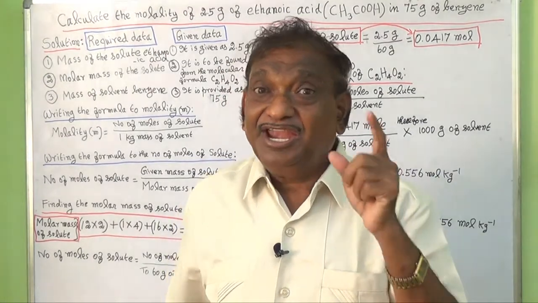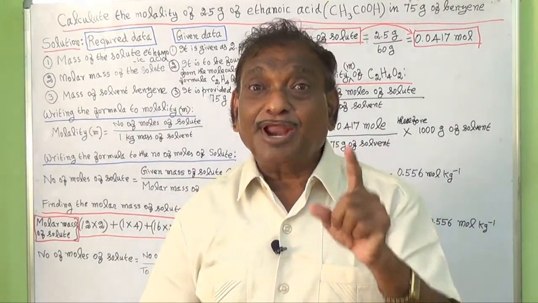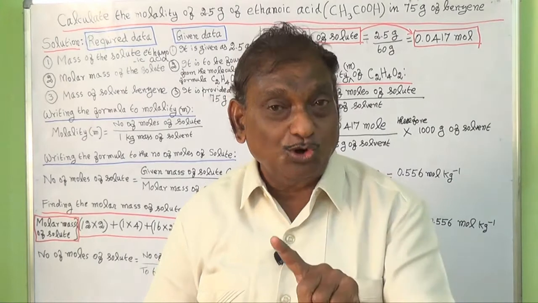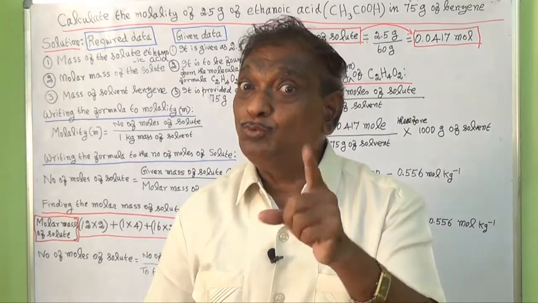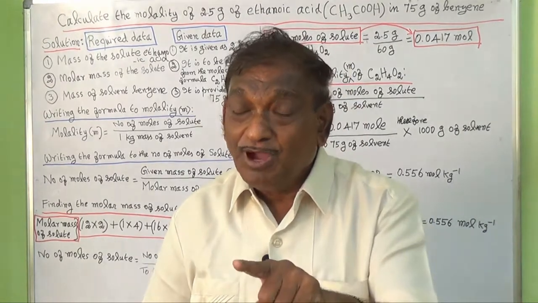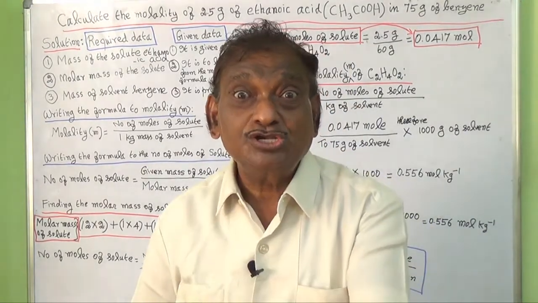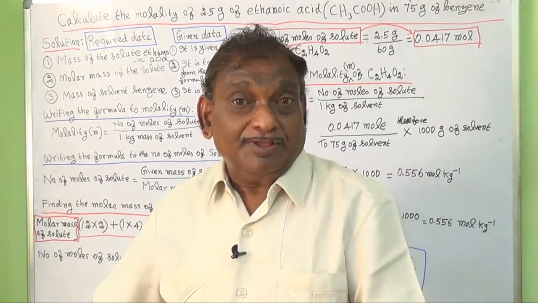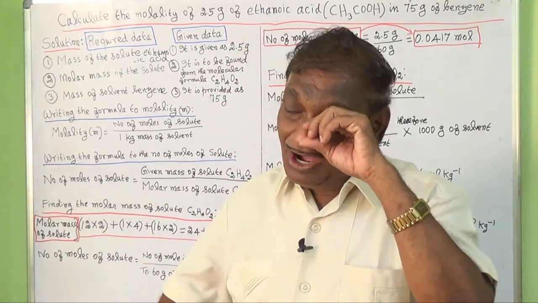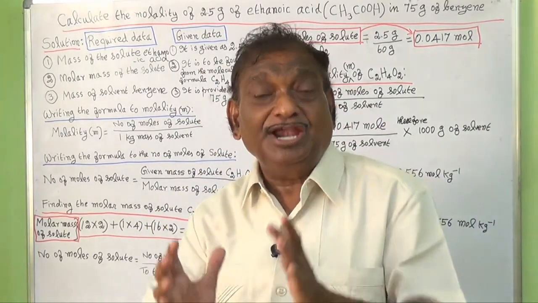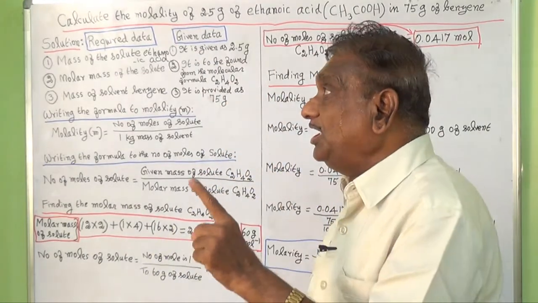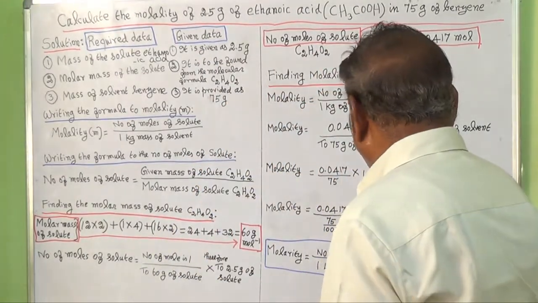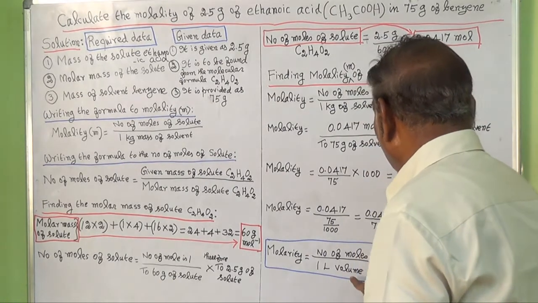Molarity, we had determined the number of moles of the solute in 1 liter volume of the solution. The difference between the formula of molarity and the molality is, in the molarity, in the denominator, we are having volume.